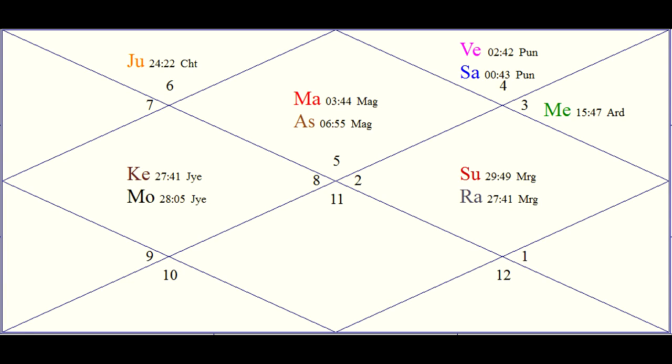Just here focus on the Sun, Rahu and Moon, Ketu combination which is happening in the 4-10 axis. See, Sun is his Atma Karak and Moon is his Amatya Karak.